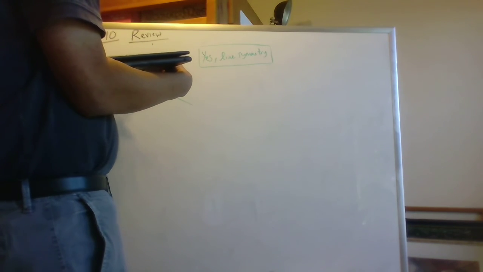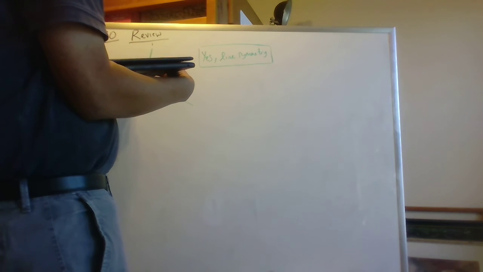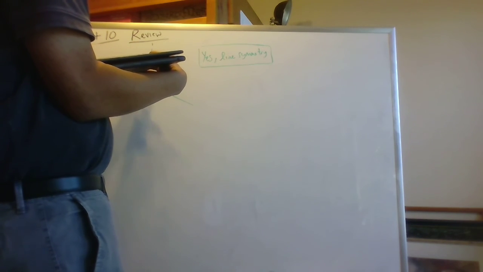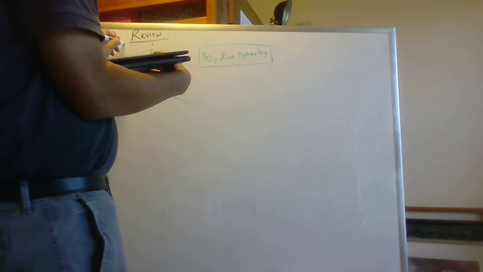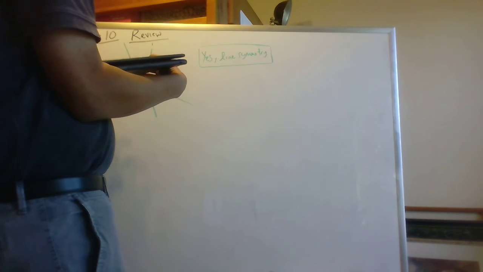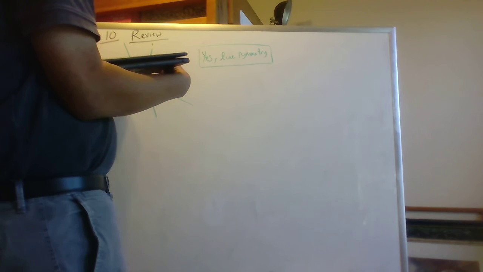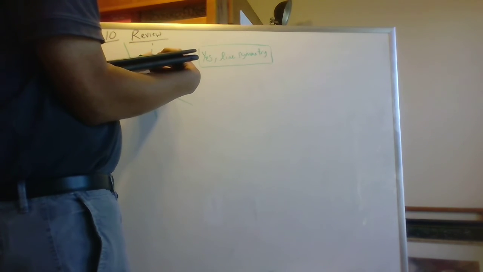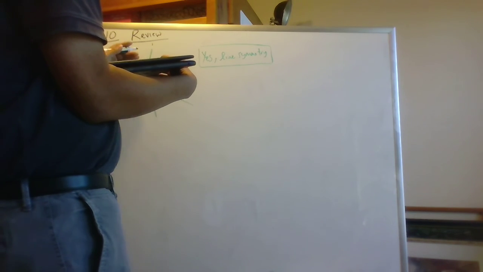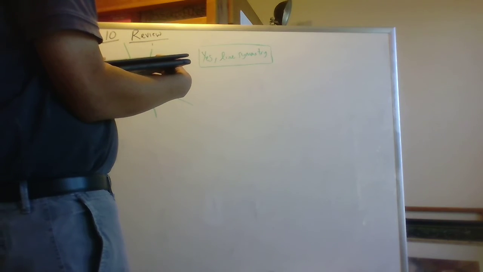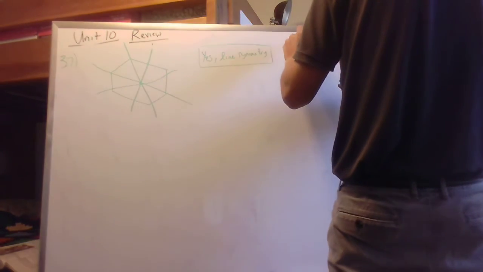These two halves would be equal. If we drew a line vertically through there, these two halves would be equal. Again, if we drew a line right there, these two portions would be equal. And then if we drew a line right there and it went through that point, those two halves would be equal. So we have 1, 2, 3, 4 lines of symmetry.